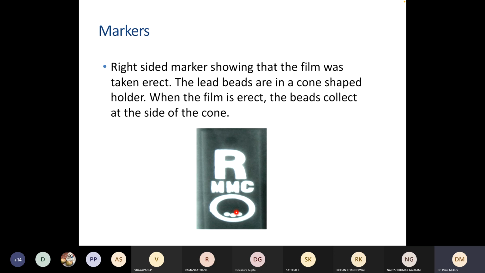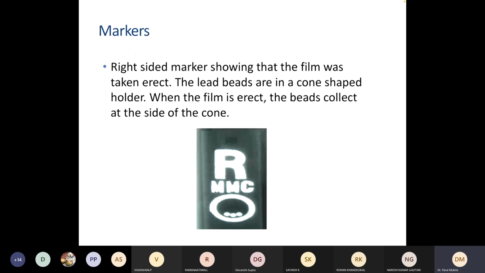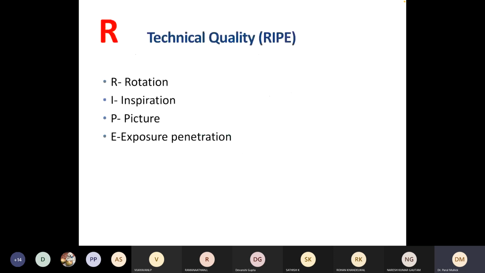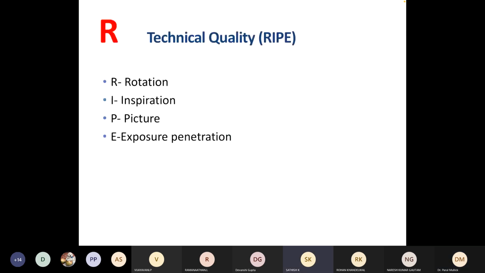If the patient is standing, these beads by virtue of gravity will stay down here. If someone is supine, these beads will move around in the middle. So you will be able to know whether the person is standing or supine. So these beads also help to tell you the position of the patient. Okay, so are we all right till here? Yes, ma'am. Clear, ma'am.